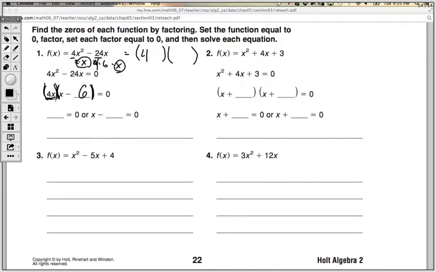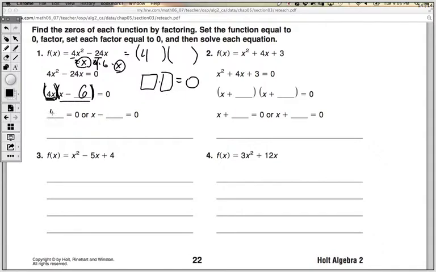Then what we would do is set each of these groupings equal to 0. Why? Because if I know something times something equals 0, then by this thing called the zero product property, which means two numbers, or multiple numbers, multiplied to 0, at least one of them is 0.